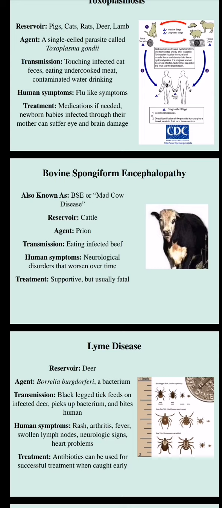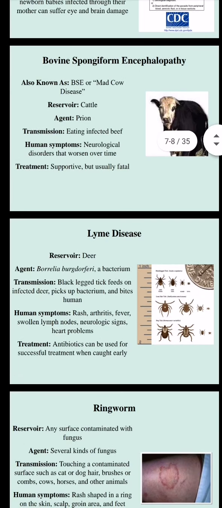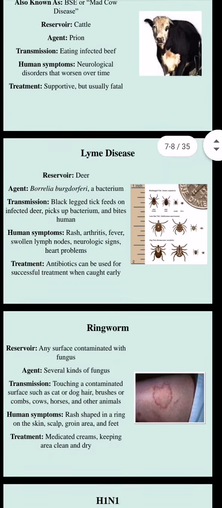What is it then? It's a prion, which is a protein. Transmission: eating infected beef. Human symptoms: neurological disorders that worsen over time. It causes neurological problems, and its treatment is supportive but usually fatal.